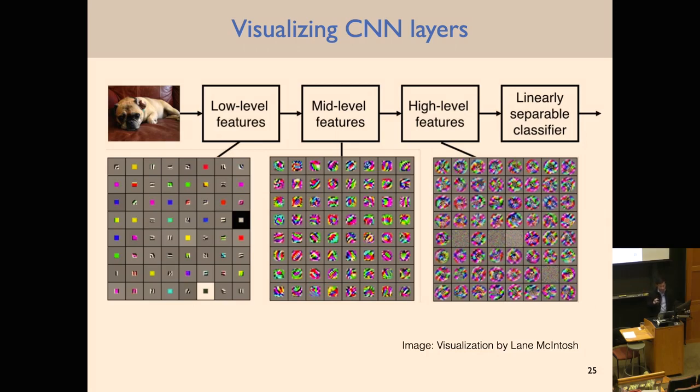This is showing visualizations of the features. Typically, the features that you're looking for at the beginning are low-level features, like edges and corners and so on. Then as you go deeper into the network, you start getting more complicated features, and at the end you get more and more complicated features.